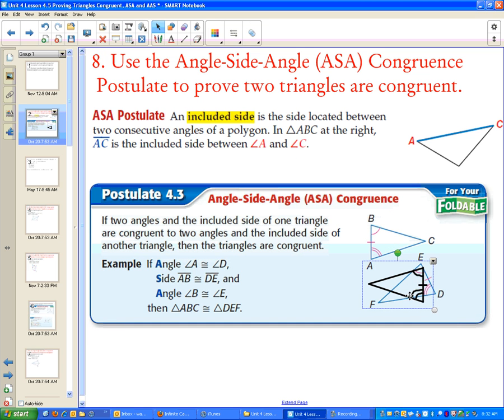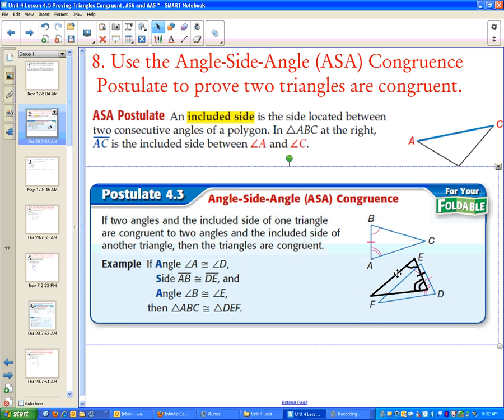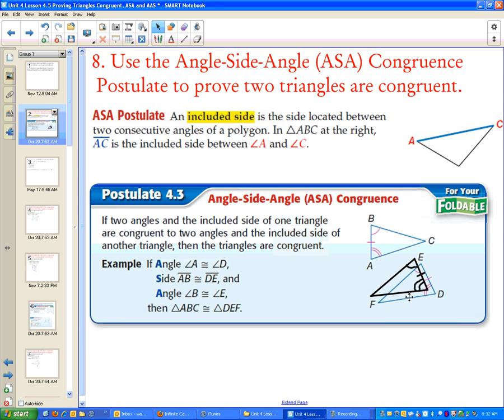Maybe we'll move it over here. Wow, that's frustrating. There we go. And we have the two angles and the included side. This time it's segment DE that's included. All right? So we do get congruent triangles out of that.